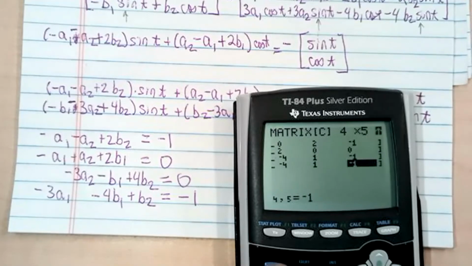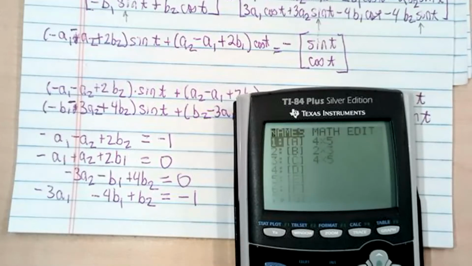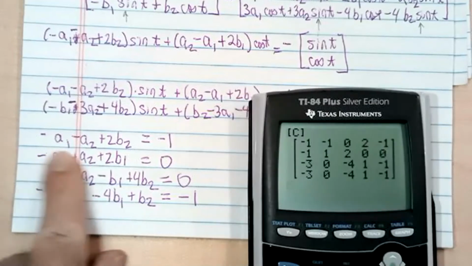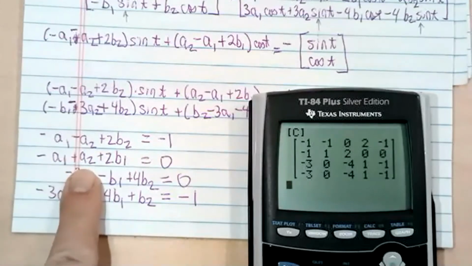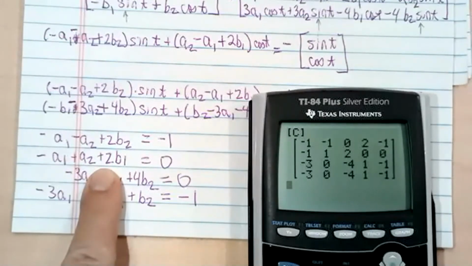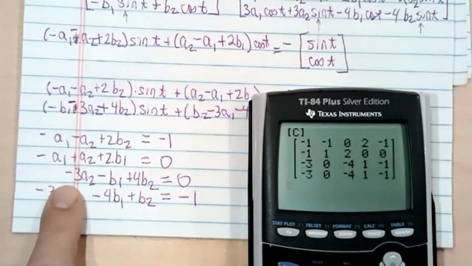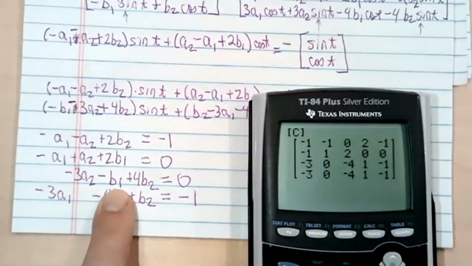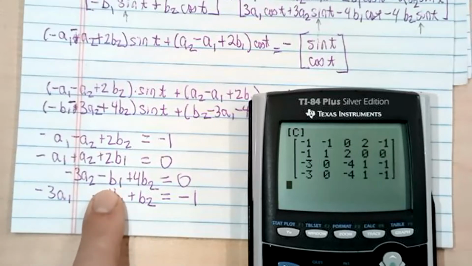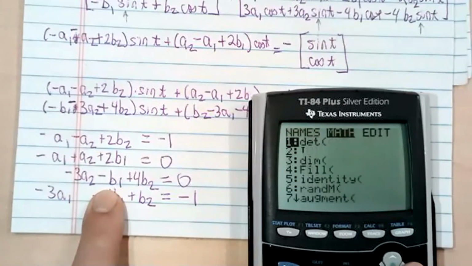Okay. Minus 1, 0, 2, minus 1. Minus 1, 1, 2, 0, 0. 0, minus 3. Whoops, that's not what that says. Got an error on the third row. Good thing I checked.